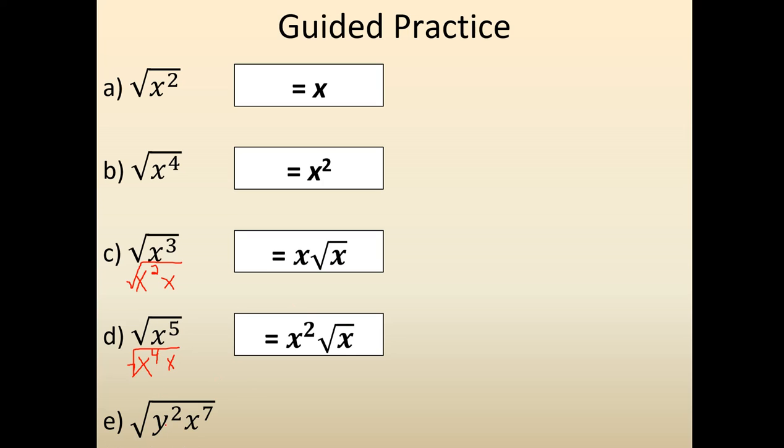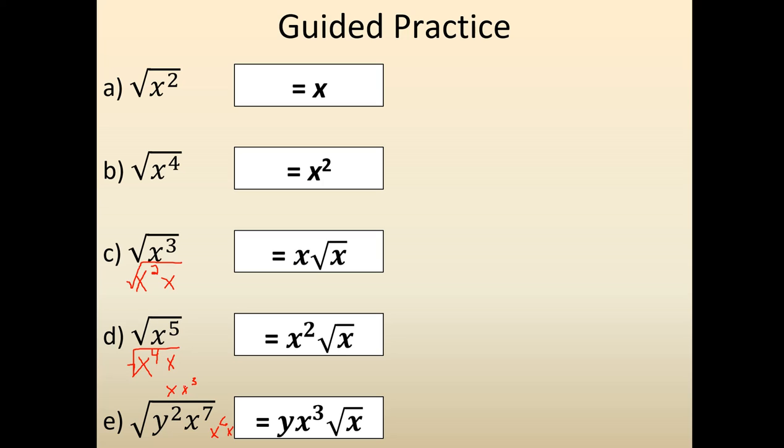For E, the y squared is pretty straightforward. That's an even exponent, so that just becomes a y. The x to the seventh is going to be rewritten as x to the sixth times x. So when we take the square root of this, we halve that exponent. So what we're going to have outside the radical is y and an x to the third, and then all that's going to be left is a single x under that radical.